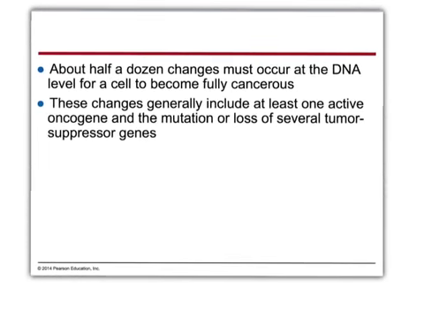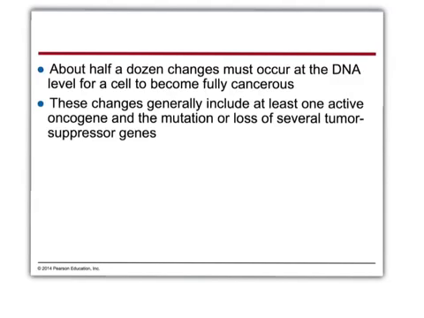In the case of fully cancerous cells, invasion, metastasis, abnormal cell growth, you're looking at on average about half a dozen mutations that have to occur in order for all that to happen.